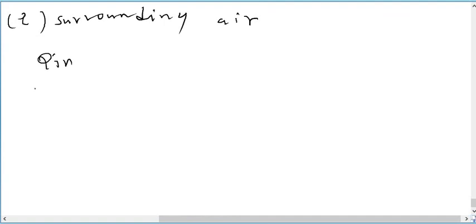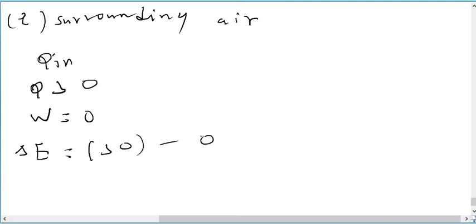Therefore if there is Q in, Q is greater than 0, that is heat is gained by the system, and work is 0, no work, so the change in energy will be greater than 0 minus 0. So the change in energy is greater than 0. So that is the end of this problem. Thank you for watching.